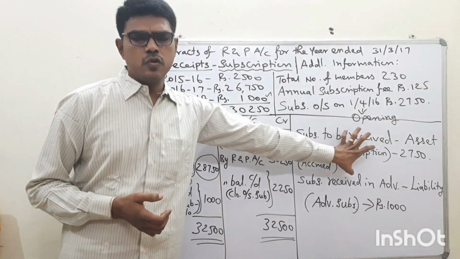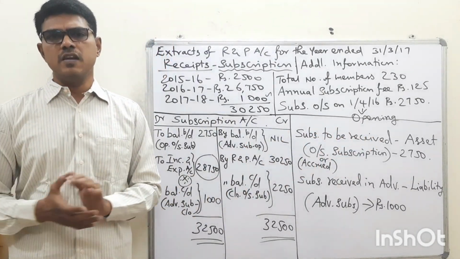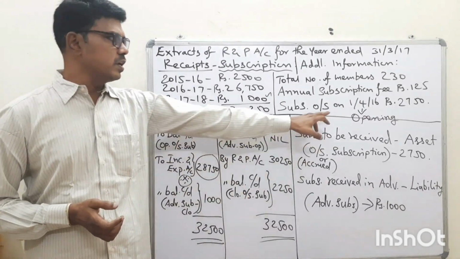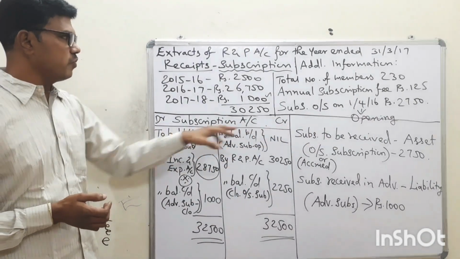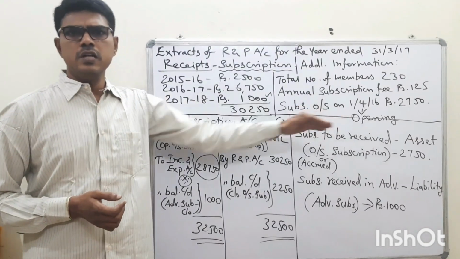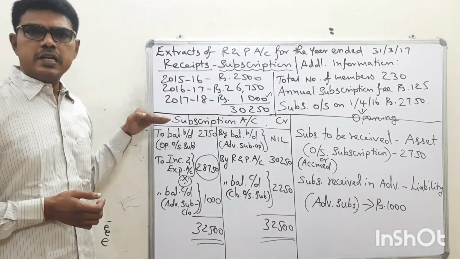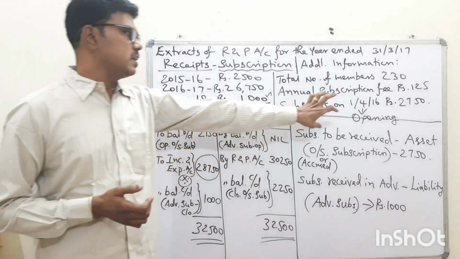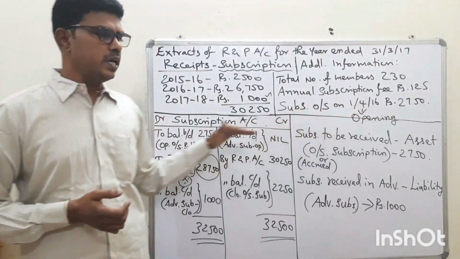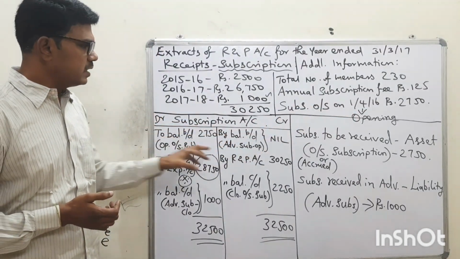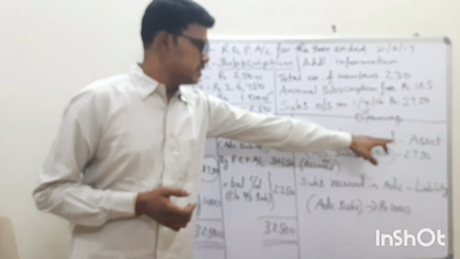Assets will always show a debit balance. The value given on 1/4 should be written in the beginning and treated as the opening balance. Subscription to be received is an asset.